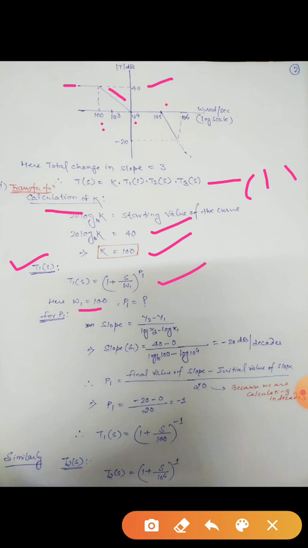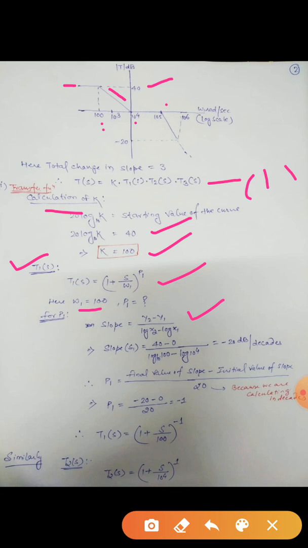So here we need to calculate the value of this slope. In this particular portion we are using the same formula for the calculation of slope. Slope is equal to y2 minus y1 divided by log of x2 minus log of x1, where y2 is final amplitude, y1 is initial amplitude, x2 is final position in the x axis and x1 is initial position in the x axis.